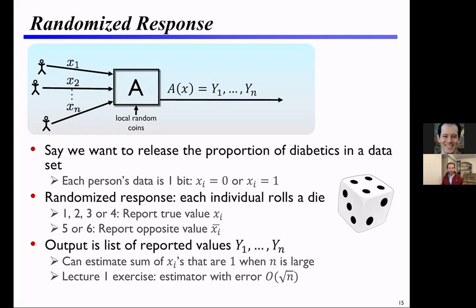We've seen that, given these yi's, we can estimate the sum of the true xi's, at least when the data set size is large. We had an exercise showing we could come up with an estimator whose expected error was about square root of n.